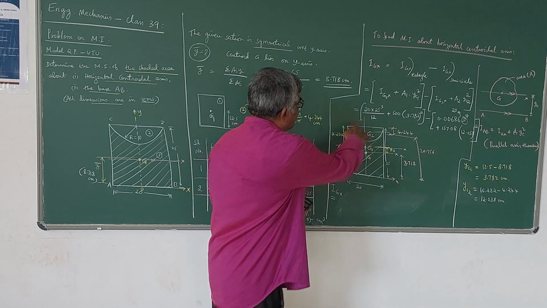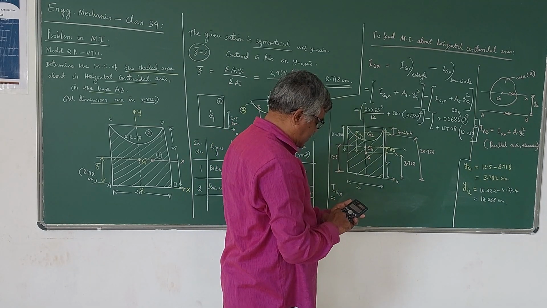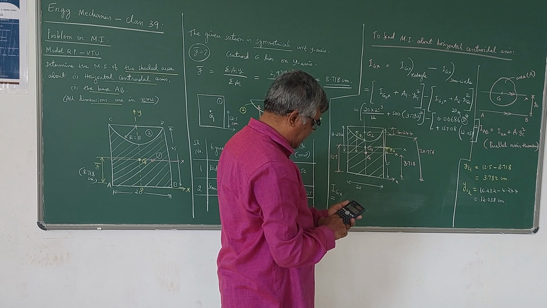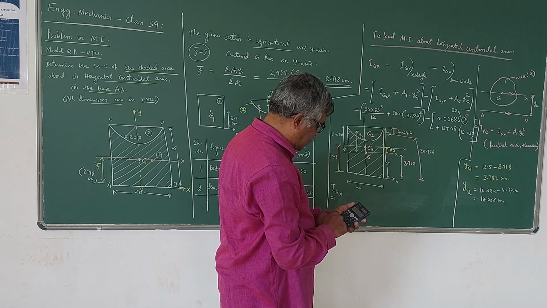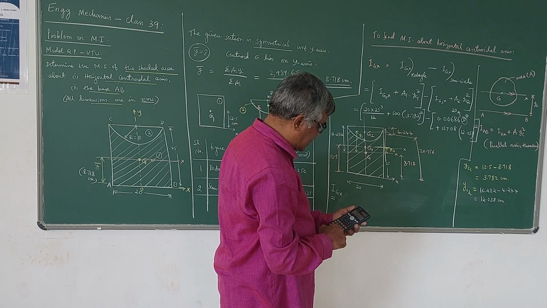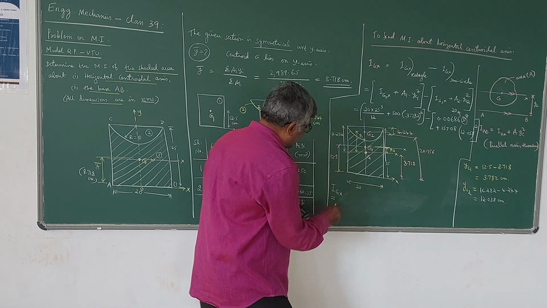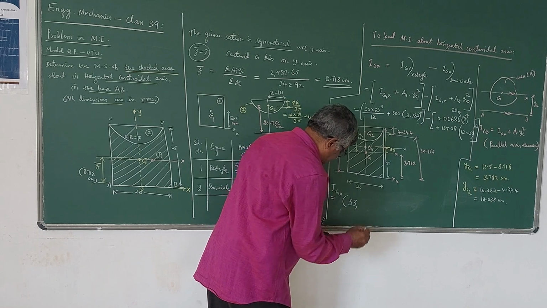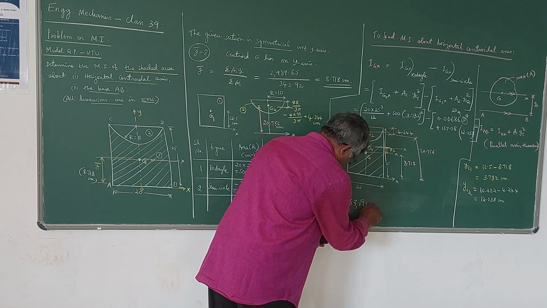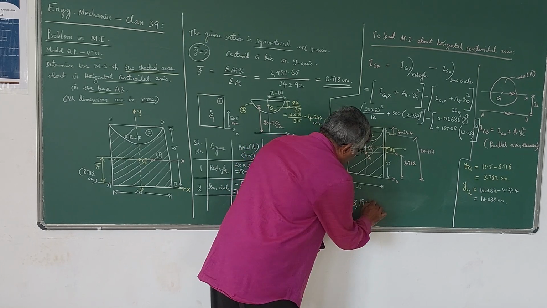This is one value, plus 500 into 3.782 square, 33193. Okay, what I earlier written is correct: 33193.43.